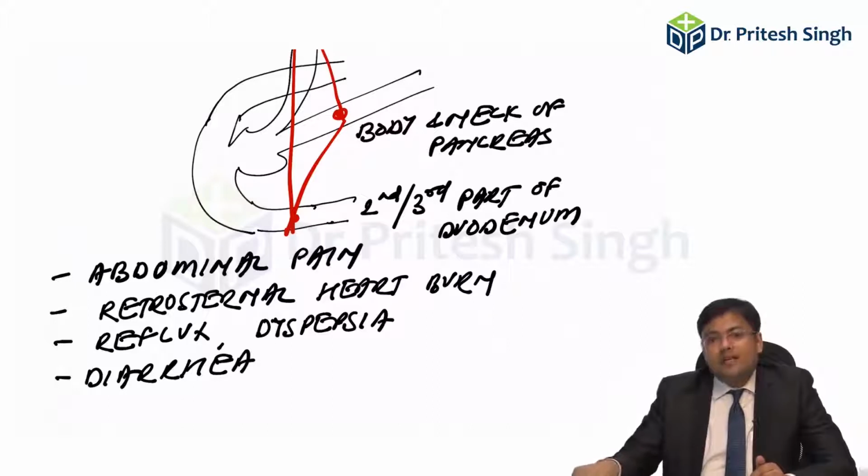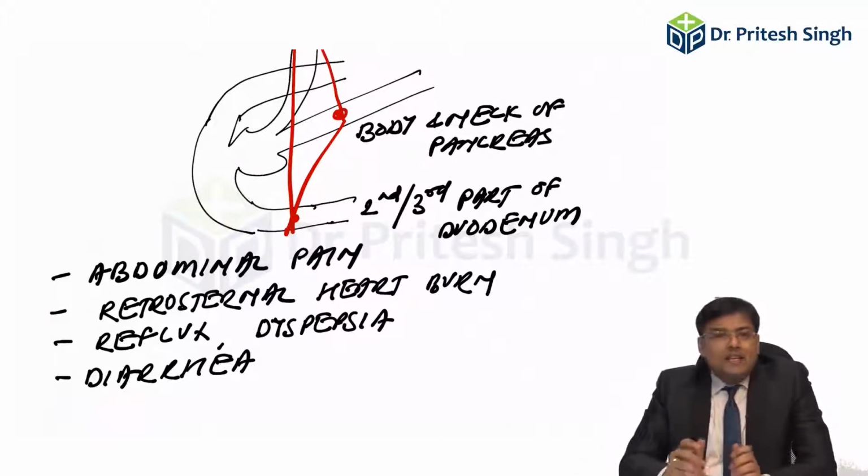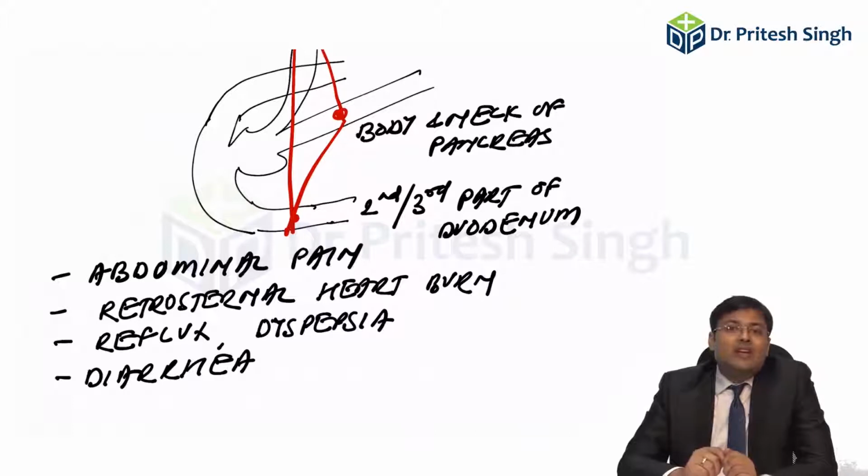Now see, why is there diarrhea in Zollinger-Ellison syndrome? Since there is increased production of acid, this acid also enters the duodenum. You must be knowing that pancreatic enzymes work at alkaline pH. When the acid enters the duodenum, it causes inactivation of pancreatic enzymes. Because of that, there is no digestion. And if there is no digestion, there is no absorption, and if there is no absorption, there is malabsorption.